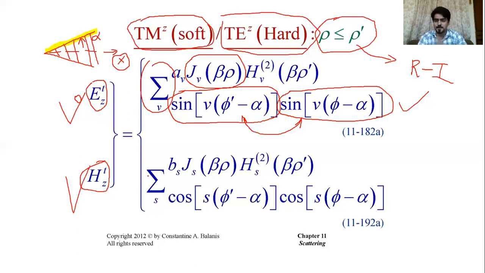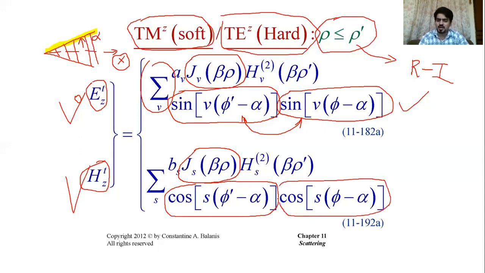parallel to edge, okay, parallel to edge, then again you will have Bessel function variation, Bessel function of first kind. In the radial direction, you will have Bessel function variations, and along with that, now for the magnetic field, we introduce cosine functions. Why?